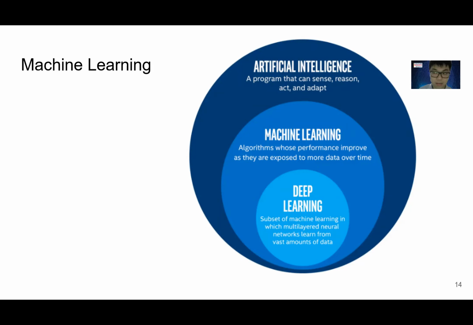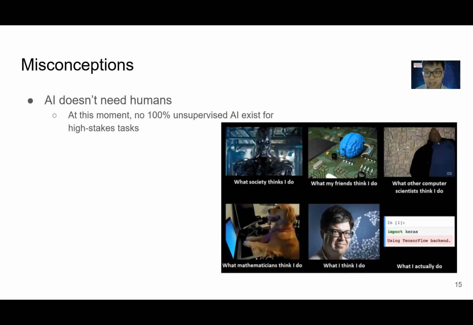There are several misconceptions we want to discuss. Part of this is motivating everyone to know that AI is not really scary. It's something that is tangible and understandable and quite powerful if we understand it properly. There's a misconception that AI does not need humans, that we build an AI, they'll go in the hospital and they'll do the work of a doctor. This is completely untrue at the moment.